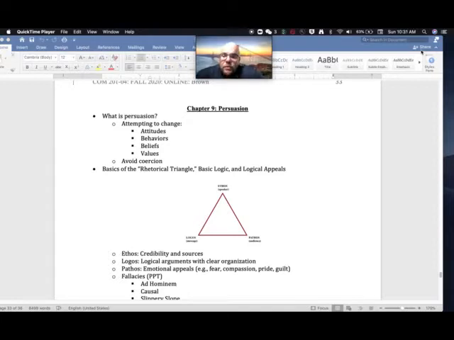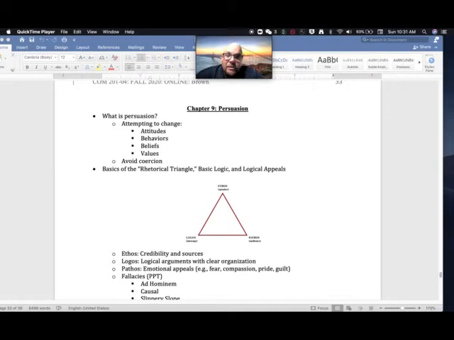So, next up, when you think of persuasion, the classic model of persuasion, whether you're going after attitudes, behaviors, beliefs, values, what have you, is that you will use the rhetorical triangle. The rhetorical triangle is something that comes to us from the Greeks.